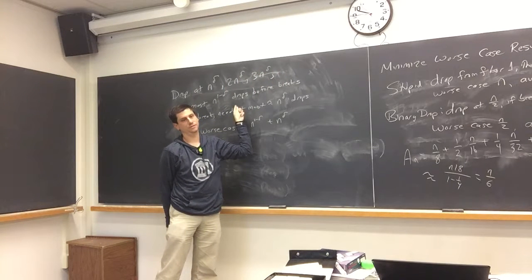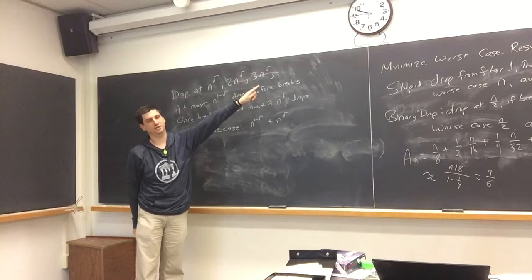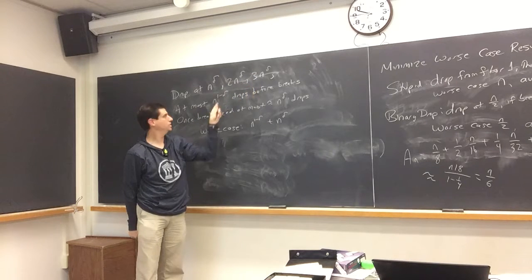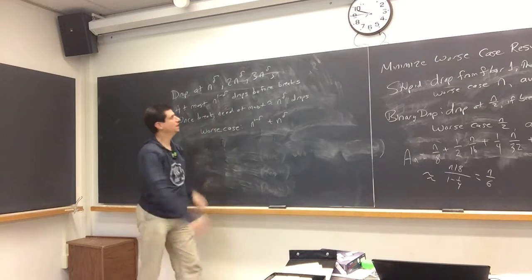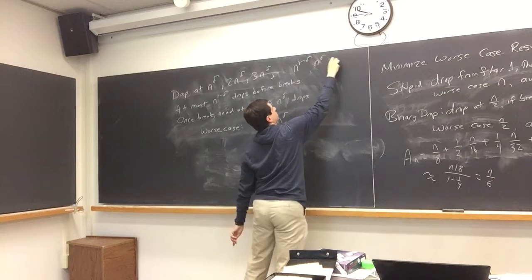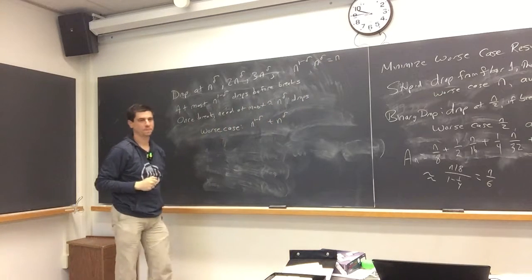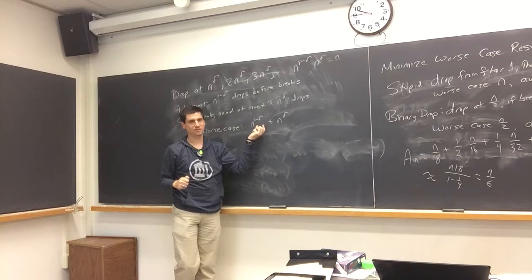How many times do I have to move up in steps of size n to the delta before I get to n? What times n to the delta is n to the 1? The last one should be n to the 1 minus delta times n to the delta, and then I finally reach the end. So the worst possibility is I take n to the 1 minus delta.